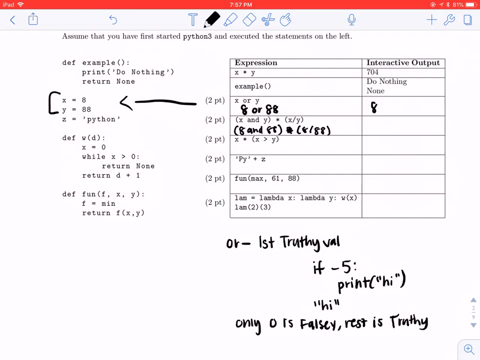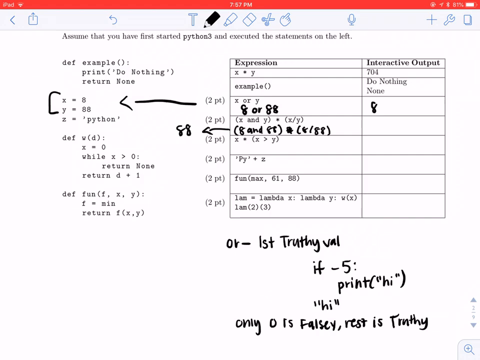You can think of it as searching and searching for any falsy value. It loves falsy values, but if there are none, it just gives up and settles for the last one. So 8 and 88 is going to give you 88, because it's the last one.